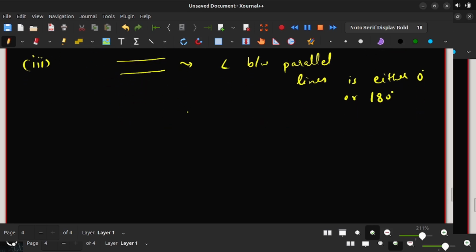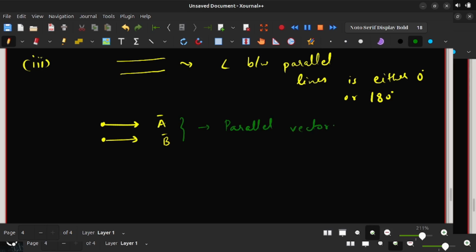Then let me draw two vectors. A vector like this, and even if I take anti-parallel things, you wouldn't understand the difference between them. But what about here? If I take these two vectors, then A vector and B vector are called parallel vectors.